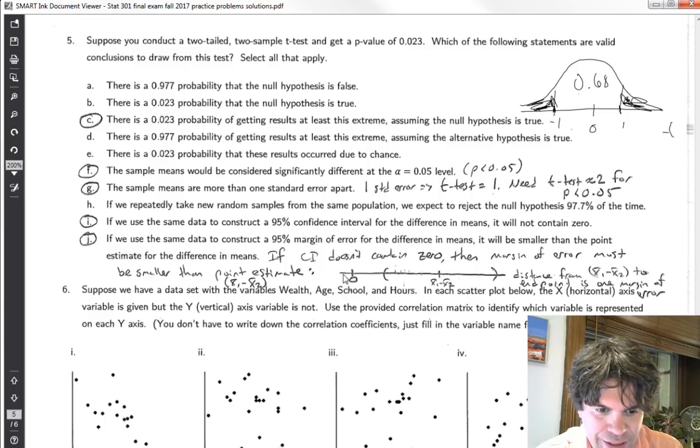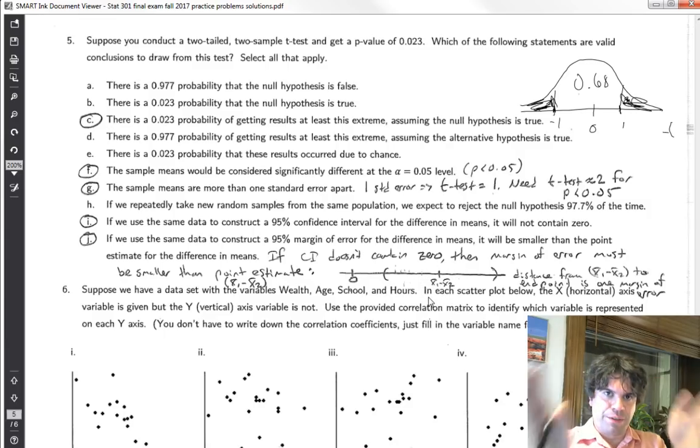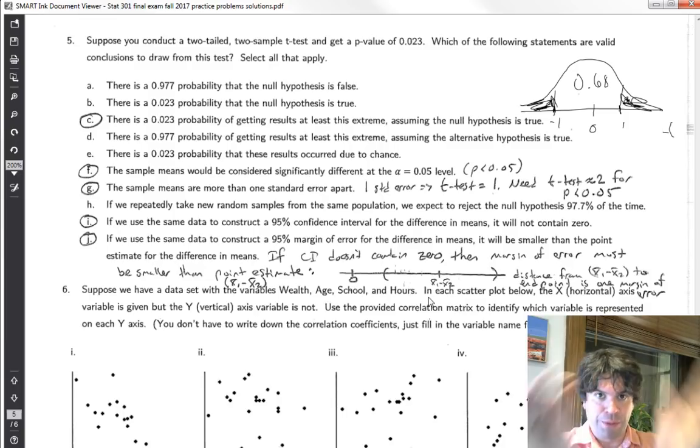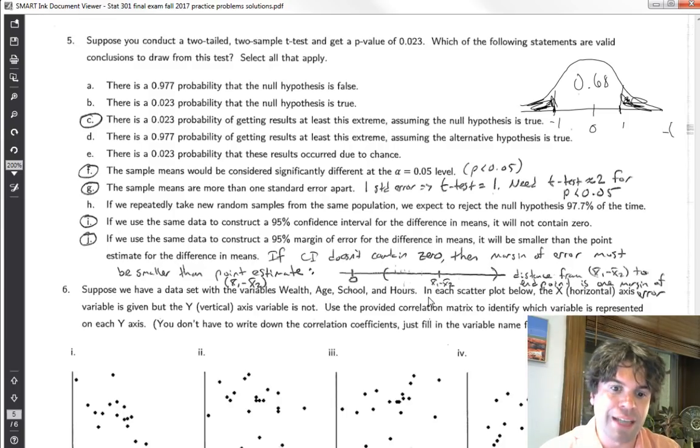So here is a line. And we know the confidence interval doesn't contain 0. We've already established that, and so our point estimate, X bar 1 minus X bar 2, is somewhere. We have some interval we've put around it, and we know that after we put that interval around it, 0 is not inside the interval. So it's got to look something like this. We're going to have a confidence interval, the center of which is X bar 1 minus X bar 2, and then 0 is not inside that confidence interval. Well, this difference right here, that is a margin of error.